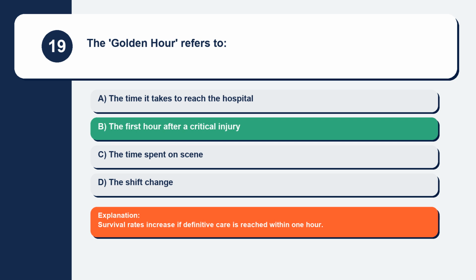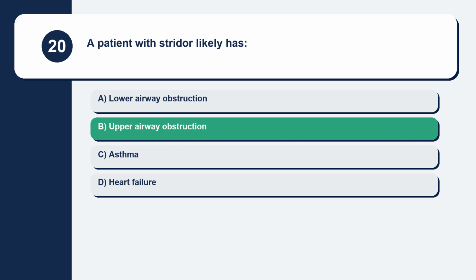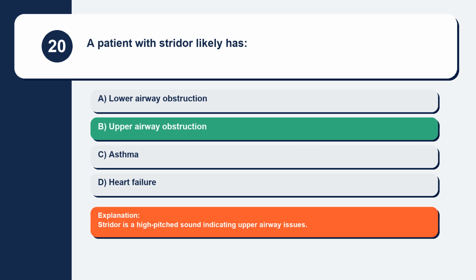Survival rates increase if definitive care is reached within 1 hour. Question 20. A patient with stridor likely has: lower airway obstruction, upper airway obstruction, asthma, heart failure. Stridor is a high-pitched sound indicating upper airway issues.